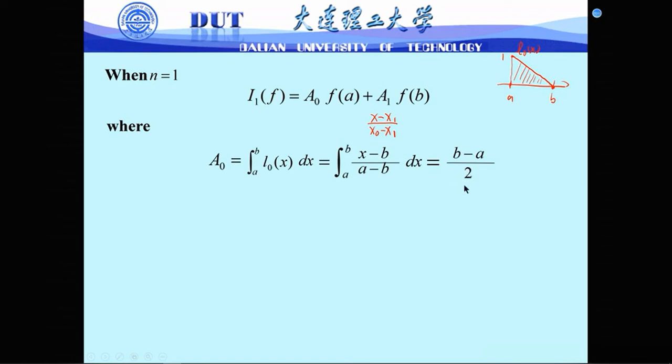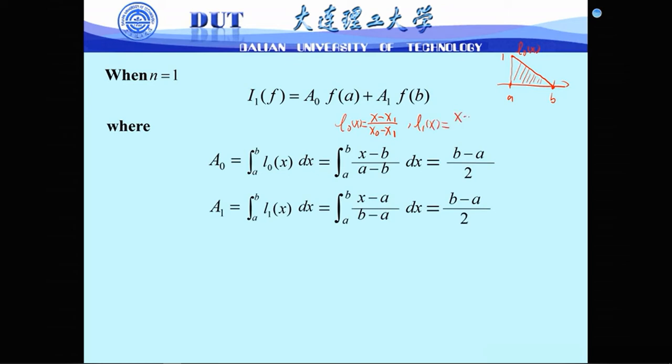And also we can obtain a_1. a_1 is the integral of l_1(x). So this is l_0(x), then we know l_1(x) should be (x minus x_0) over (x_1 minus x_0). It's okay? You should master the formula of the Lagrange interpolation basis, right?